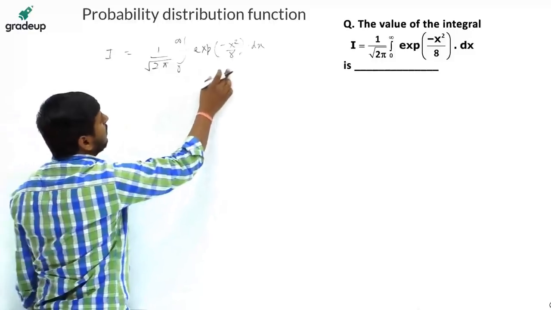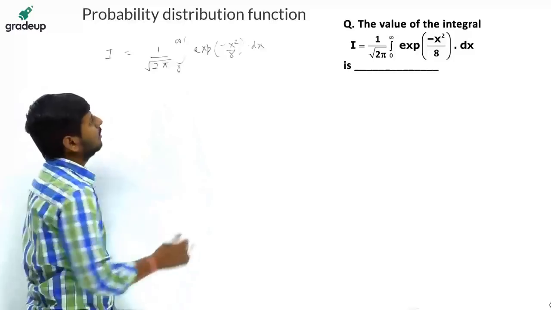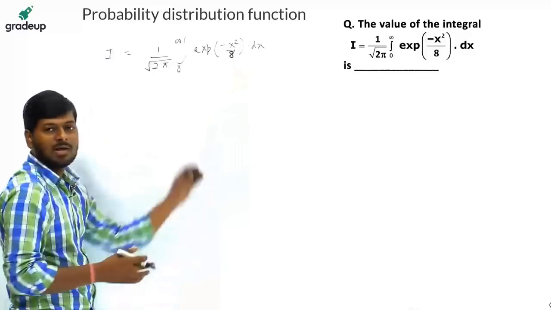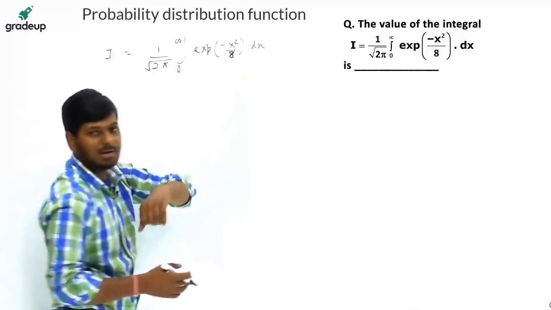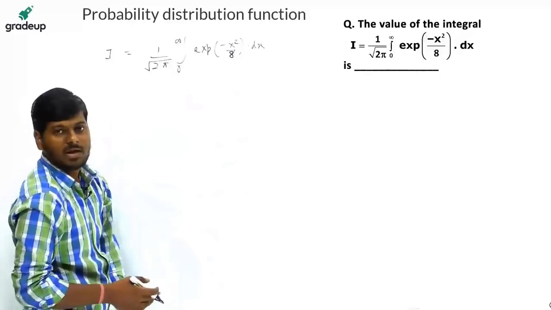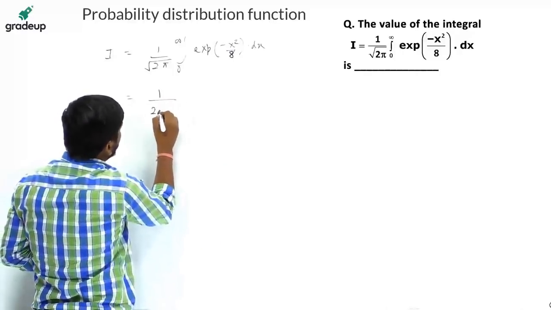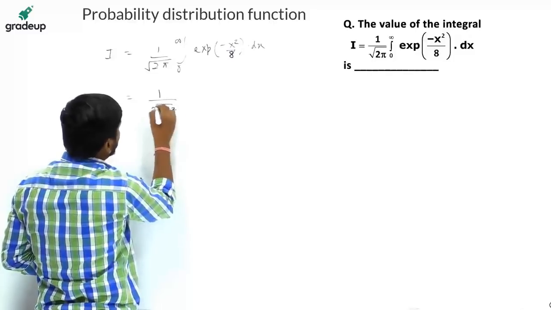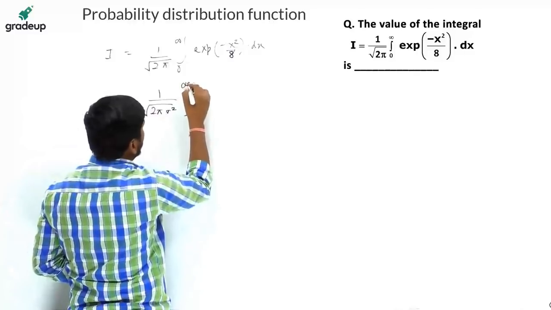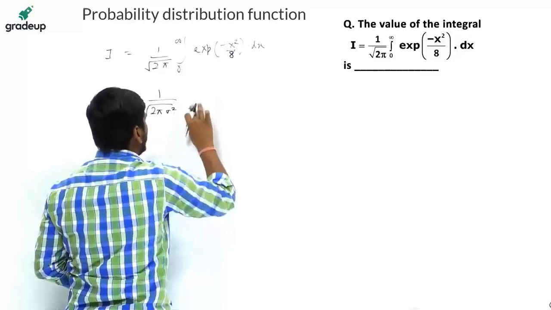By seeing the question, if you directly start solving, then you will not get the answer, because you have to see that this question is not from integration, this question is from probability, specifically from the probability distribution function. If you break it down, then this function can be written as 1 divided by under root 2 pi sigma square, similar to minus infinity to infinity.